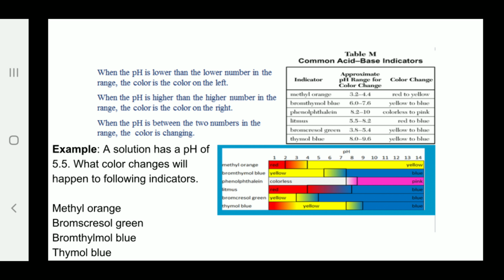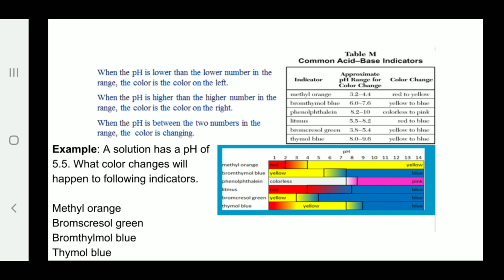So when we look at methyl red, we know at a pH of 3.2 or lower, the color will be red. And at a pH of 4.4 or higher, the indicator color will be yellow. But at pHs between 3.2 and 4.4, the color is undetermined.